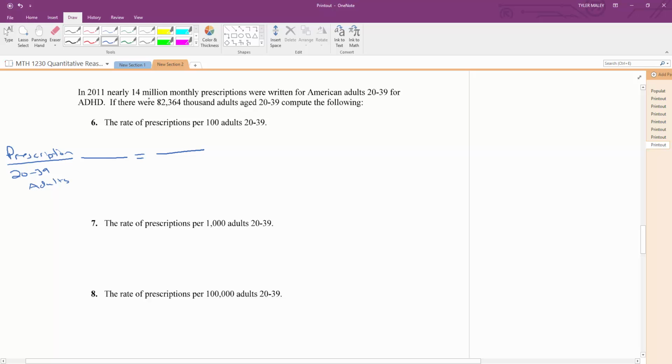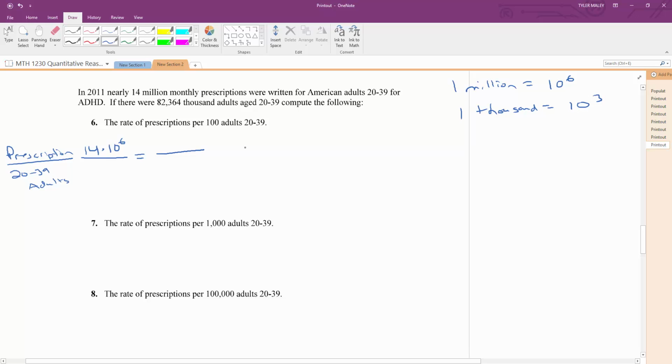So what we have, there were 14 million, so this would be 14 times 10 to the 6th. Remember, 1 million has 6 zeros, so 10 to the 6th. 1,000 has 3 zeros, so that's 10 to the 3rd.